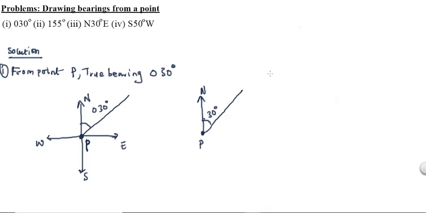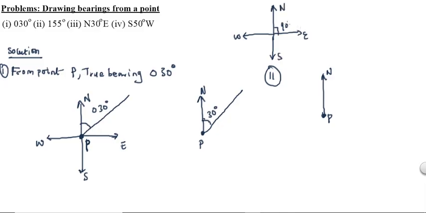For the second example, we are asked to find the bearing of 155 degrees. So if we have our north, this is point P. One of the things you need to note about the four cardinal points is that whenever you have the north, the south, the west, the east, the angle from north to east is a 90 degrees angle.